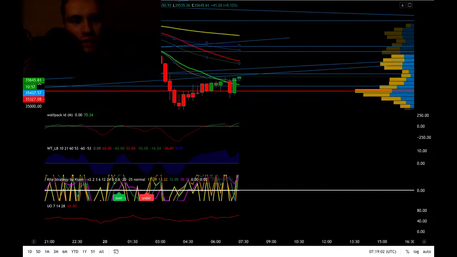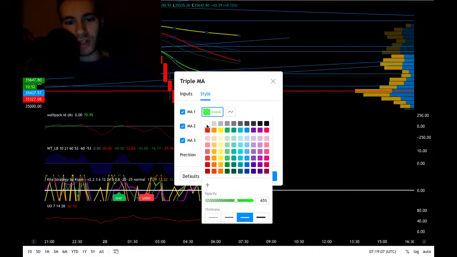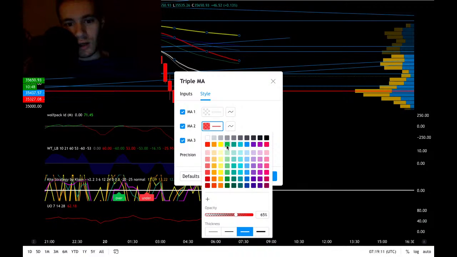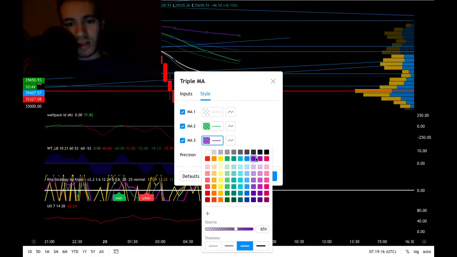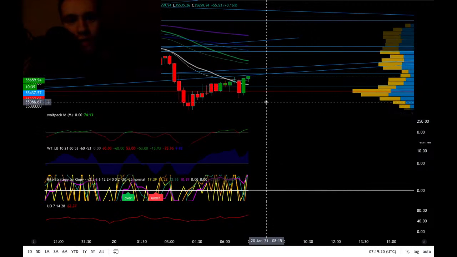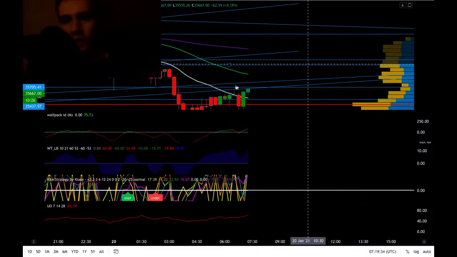So basically, if you're new to the channel and you don't know how I use the moving averages and how I color code them, because it seems like everybody has their own, and I'm not going to go with the institutions because there's no standard. I know that certain trading groups I'm in have standards, but the lighter the color, the smaller the MA is, or the EMA, exponential weighted moving average.